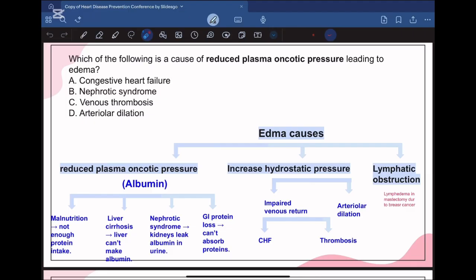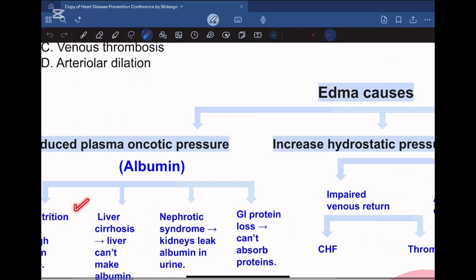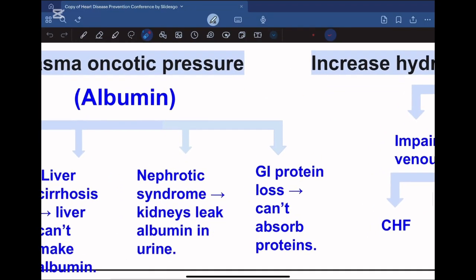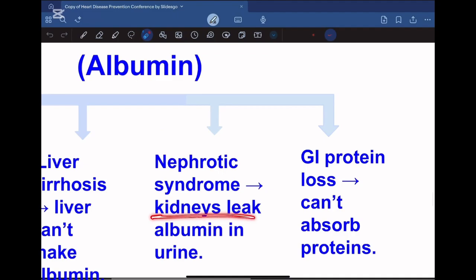So if there is not enough production, I don't have enough albumin, and edema can happen in patients who have liver cirrhosis, meaning they have a problem in the liver. Or I have good intake and good production, but the kidney will leak the albumin into the urine. So we have leakage in the urine, and this will be found in patients who have nephrotic syndrome.